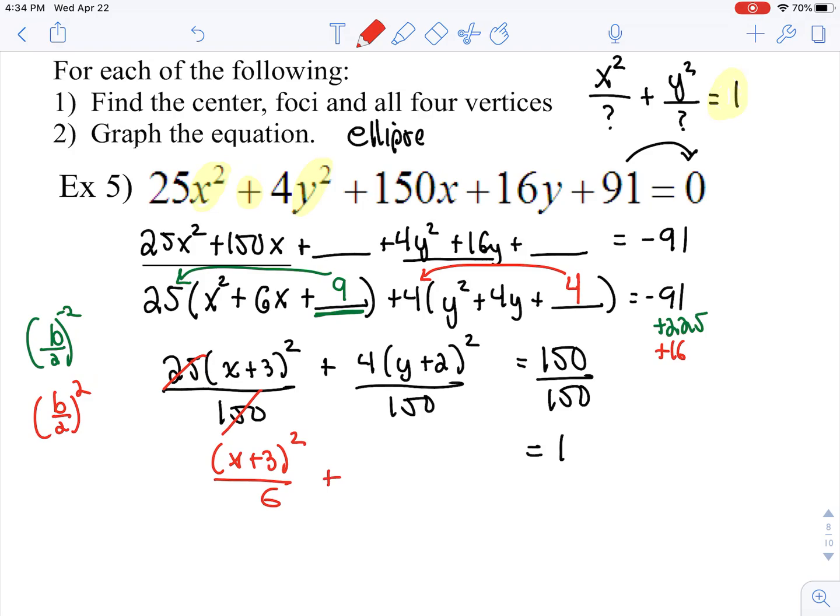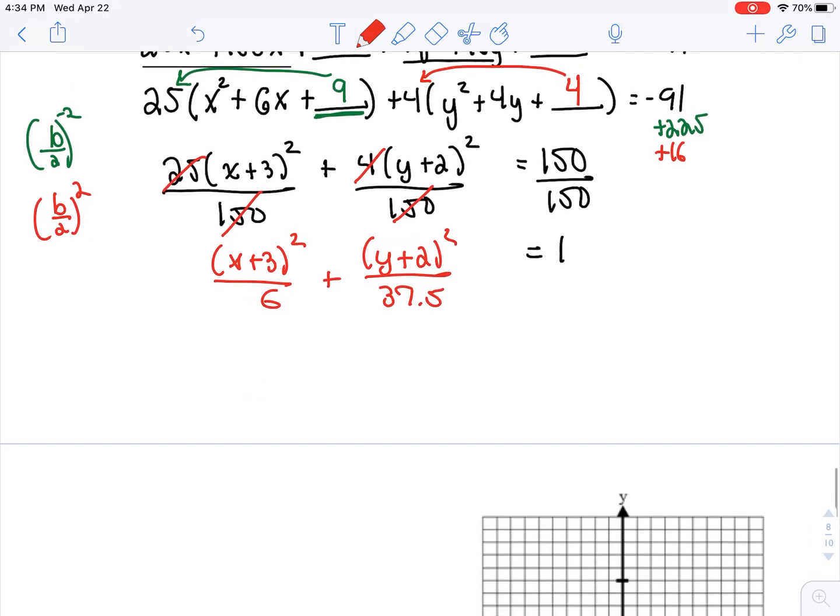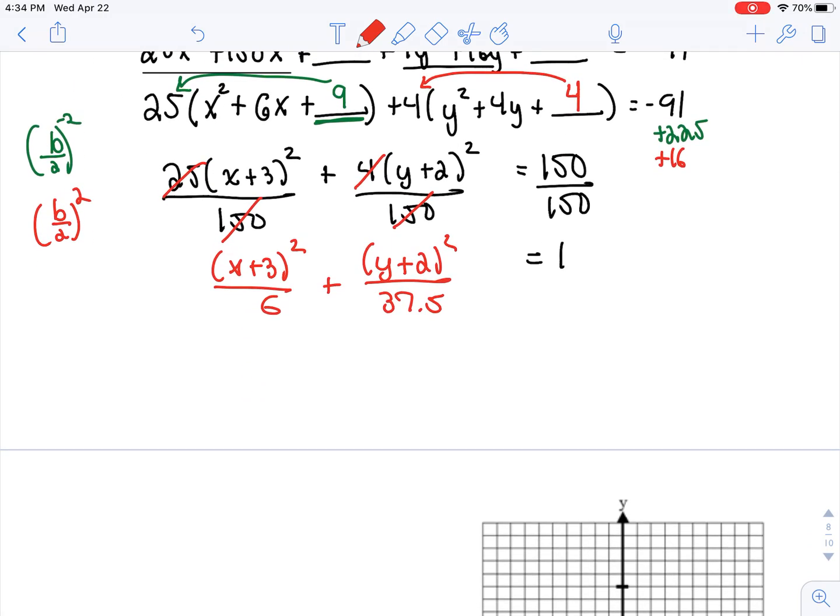The 4 goes into 150 not evenly. The 4 goes into 150 37.5 times, so this is going to reduce to that. And now I have an equation where I can try to find my key information, my center, and a lot of that other key information.